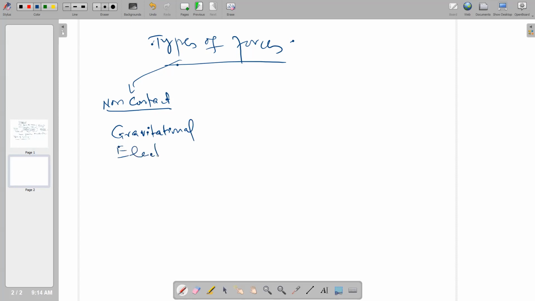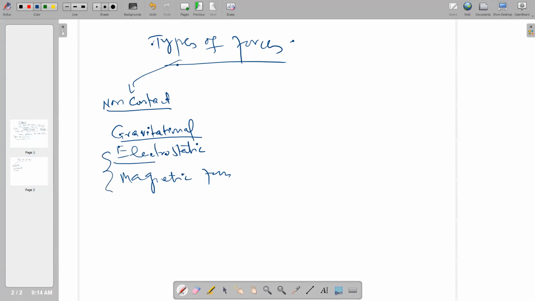Electrostatic force. So electrostatic force is between two charges. They are exerting the force without touching. And magnetic force, this is also without touching. So remember, gravitational force is an attractive force, and we will discuss it maybe in the next chapter or in this chapter a little bit.